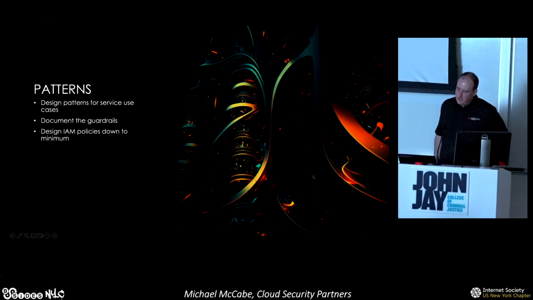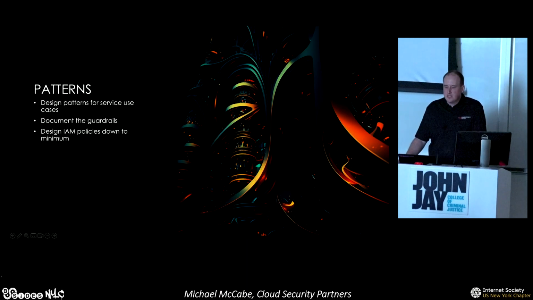And when people are adopting Terraform and deploying services through Terraform, a big focus that we have is on patterns. And this is going back to having good architecture of how you want to adopt these services. So how do you want to deploy something like RDS? How do you want to use EC2? And having those patterns really well documented and then having those guardrails called out.